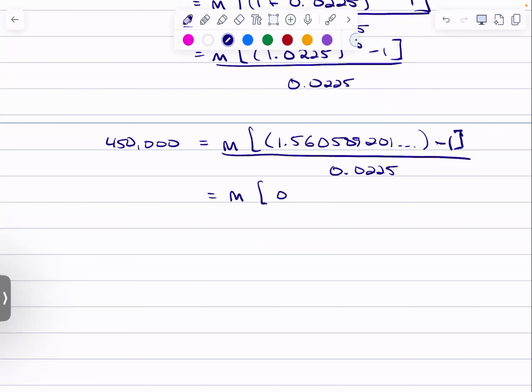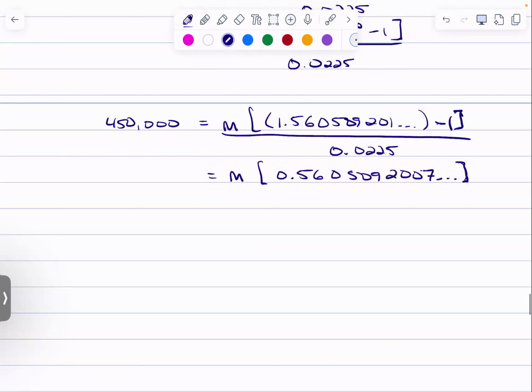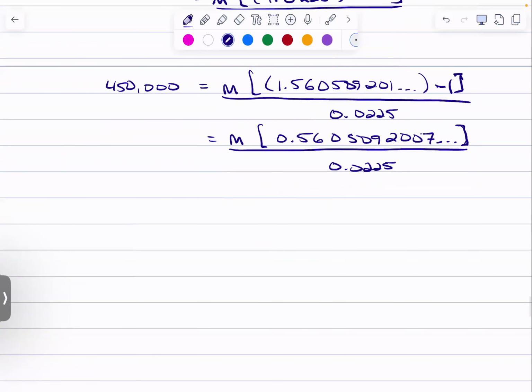M times 0.560509207 divided by 0.0225. I like to do this division first and then divide over.